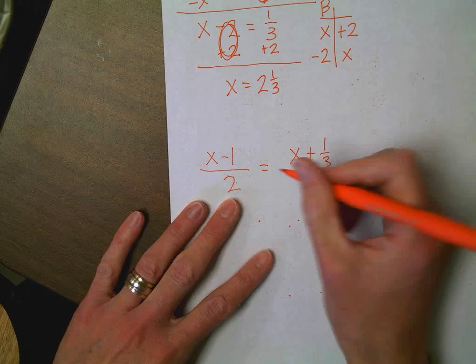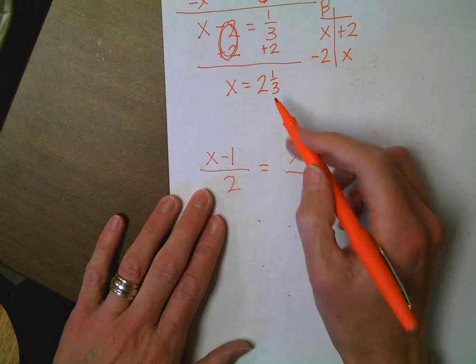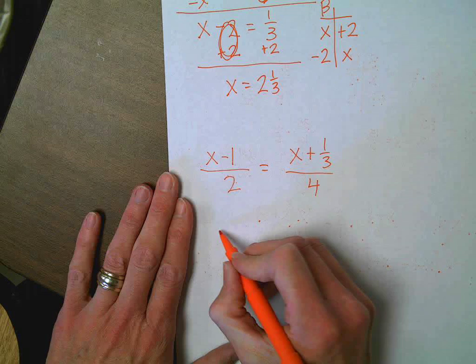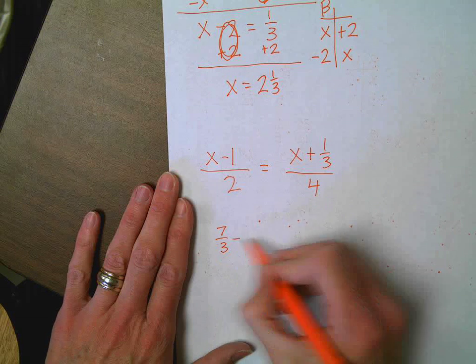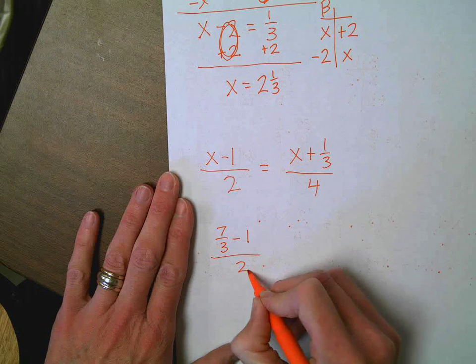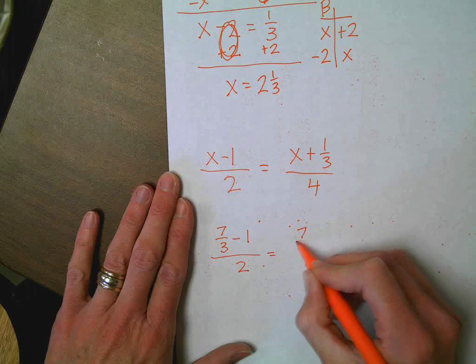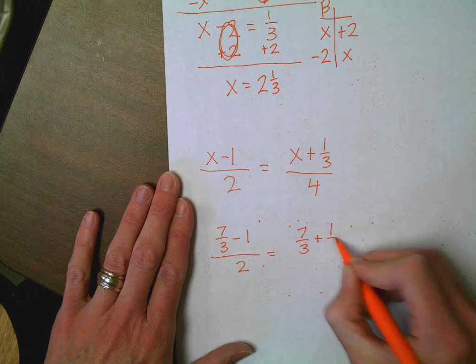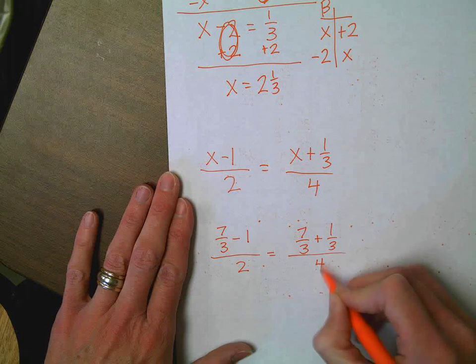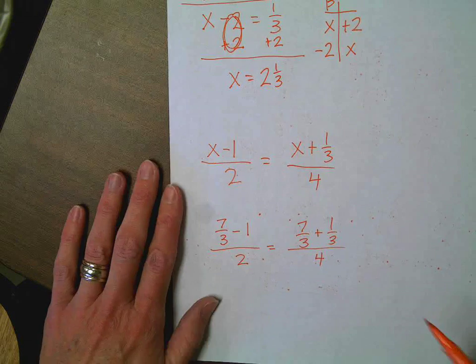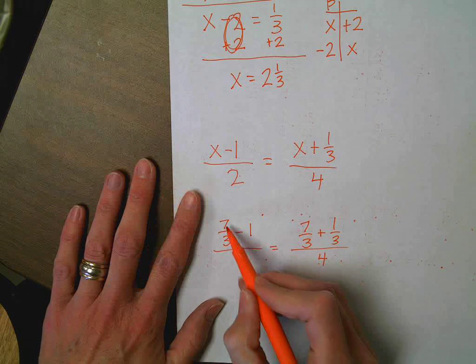So now we know what x is, so wherever there is an x, you have to substitute what you have. So this is really 7/3 minus 1 divided by 2 equals 7/3 plus 1/3 divided by 4.